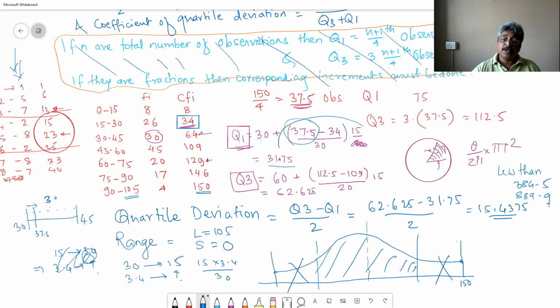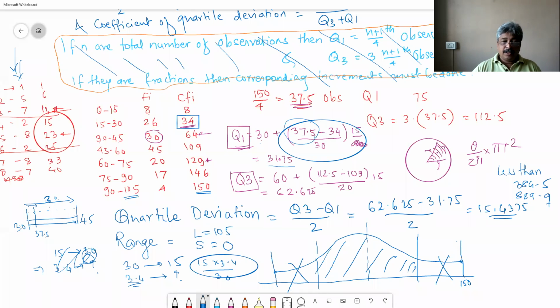This is this number. 30 observations in 15 range, 15 width. Width is 15, there are 30 observations. So I want 3.4 observations now. So what should be the width?